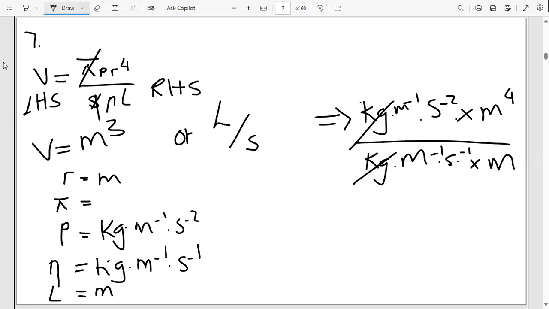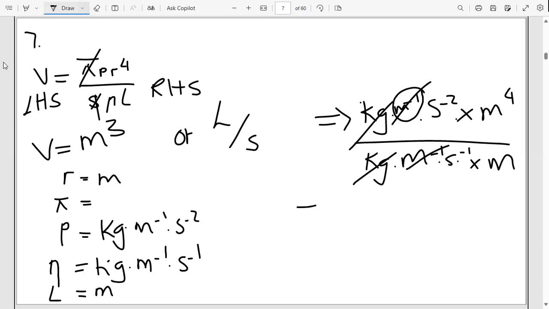What else do we have? We have m to the power minus 1 down here, and also m to the power minus 1 at the top, so I can cancel these out.